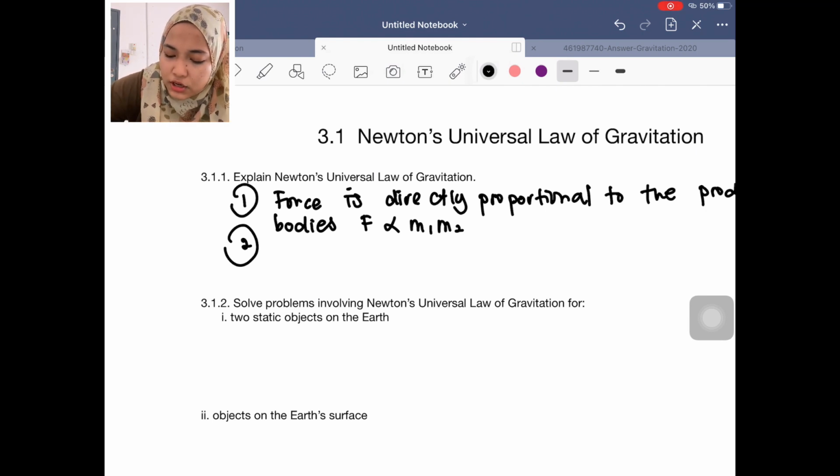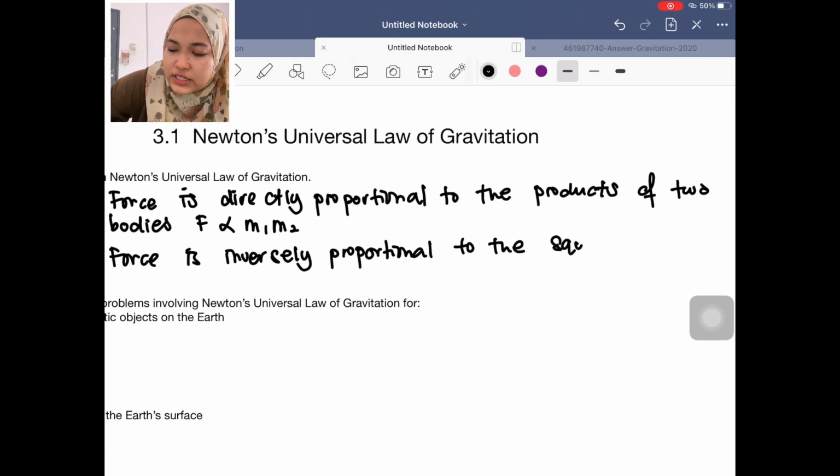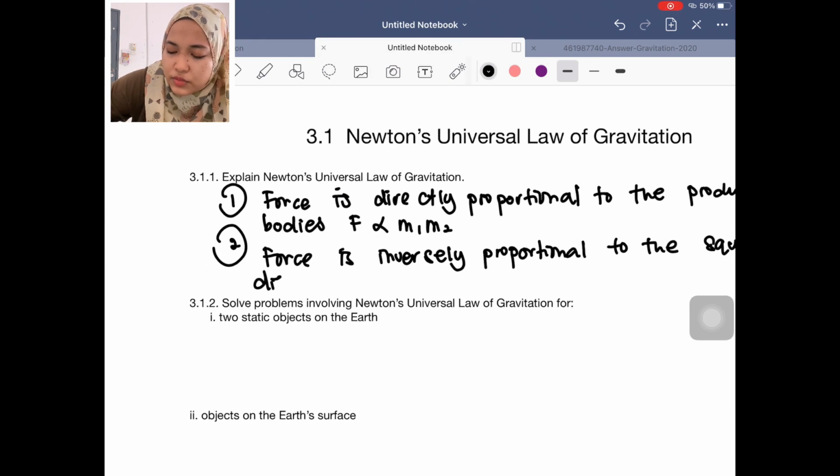The second law is when the force is inversely proportional to the square of the distance between the centers of the two bodies.